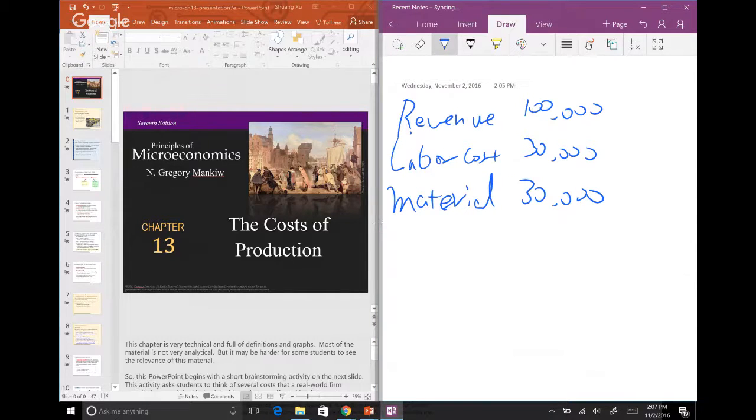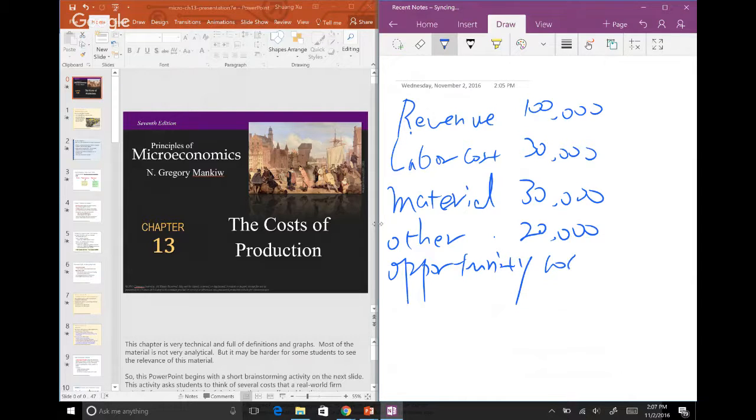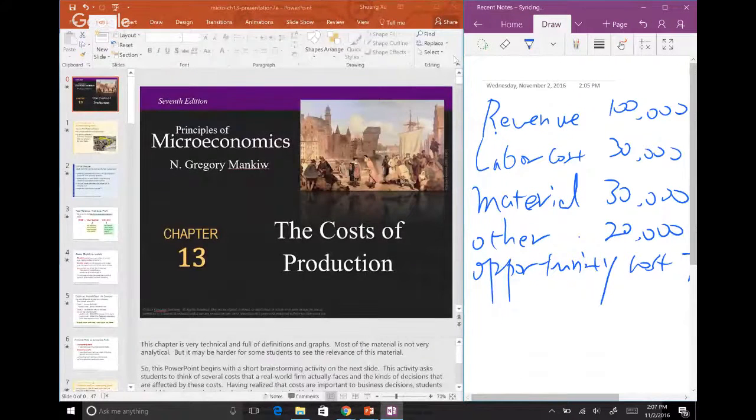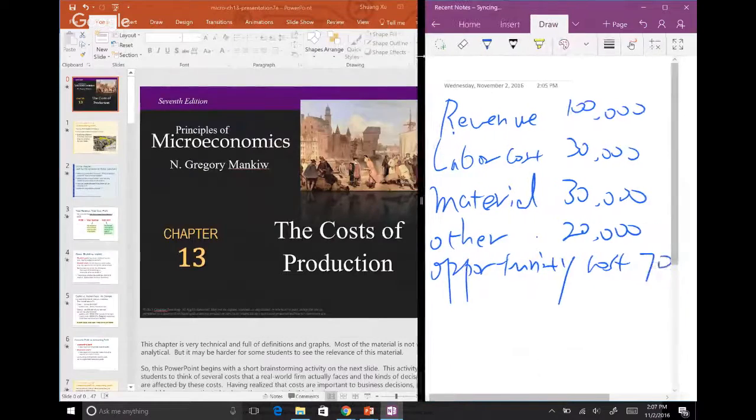Other cost is going to be 20,000. My opportunity cost is another, what did we say, $70,000. All right, so if we're doing the accounting profit.